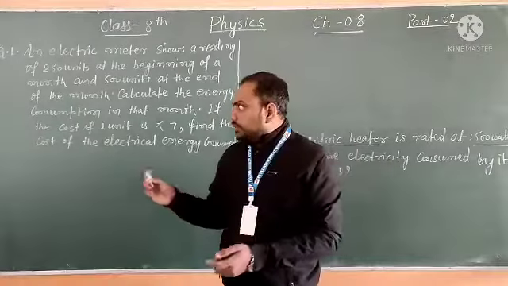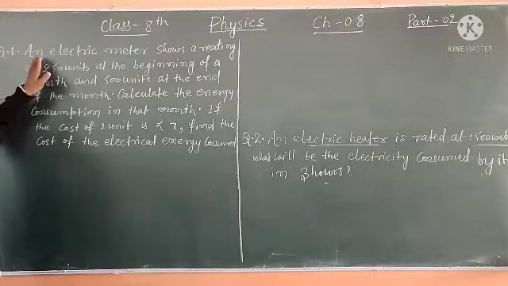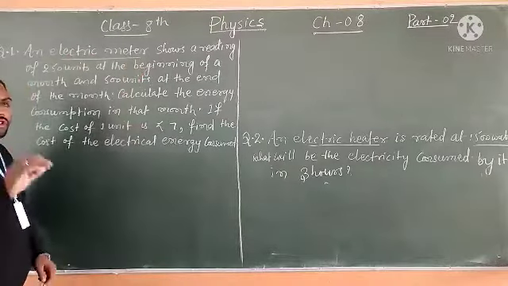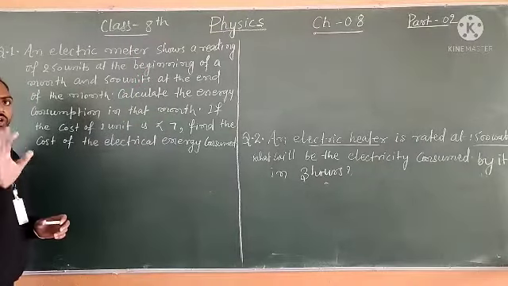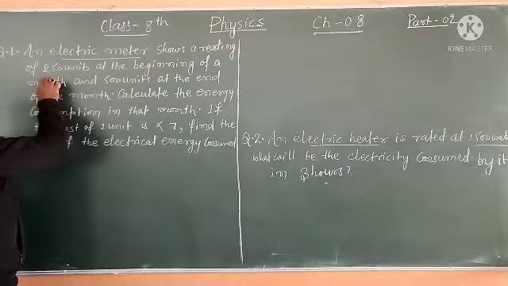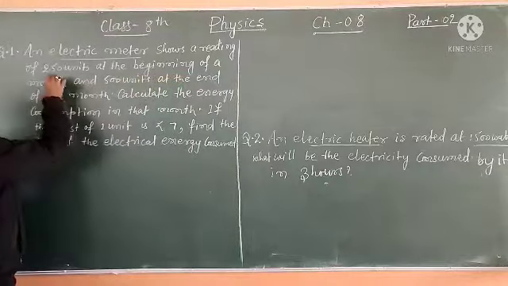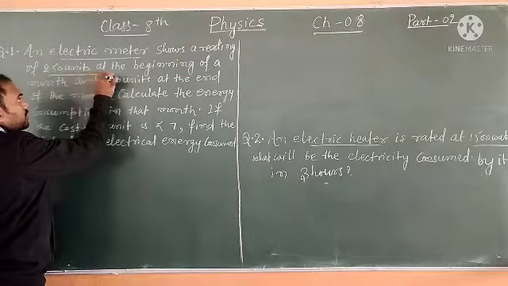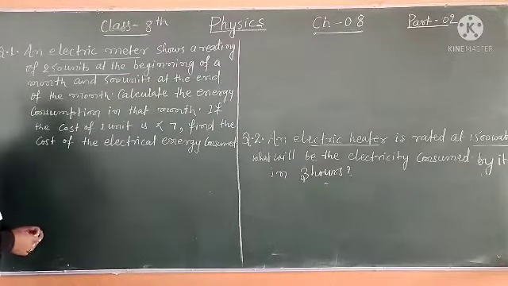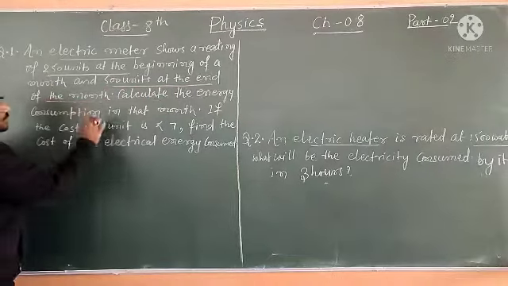Now come to the point. Here is a question saying an electric meter. An electric meter is a device that has been installed by the electricity department in front of your home, shows a reading of 250 units in the beginning of a month, and 500 units at the end of the month.